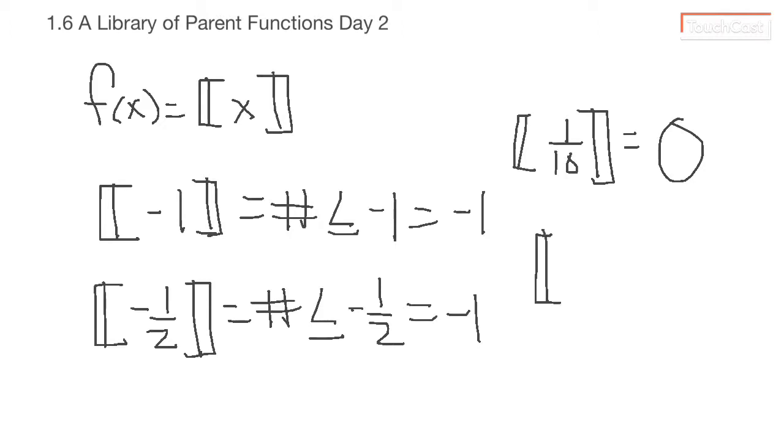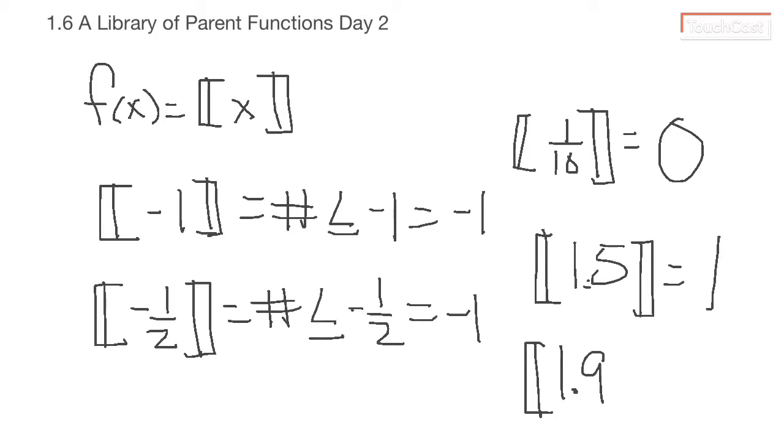Say we've got 1.5. The greatest integer, the number that's less than or equal to 1.5, would be 1. And also we could look at 1.9. So we're looking for the greatest integer number that's less than or equal to 1.9, and in this case that is 1.